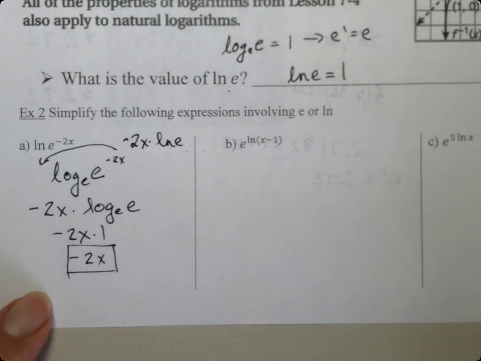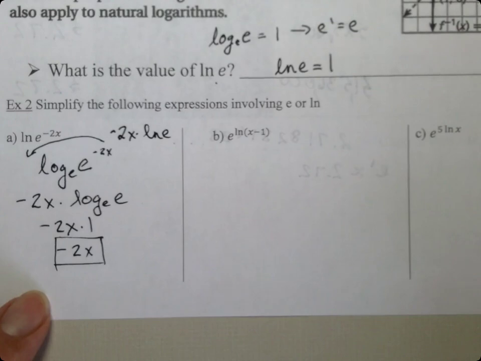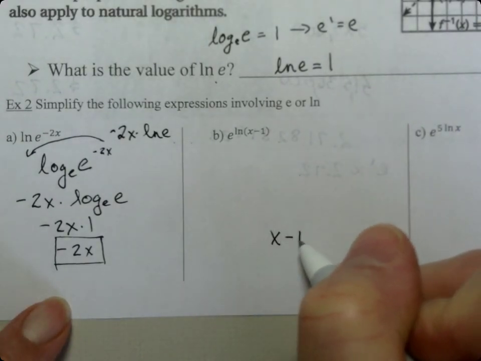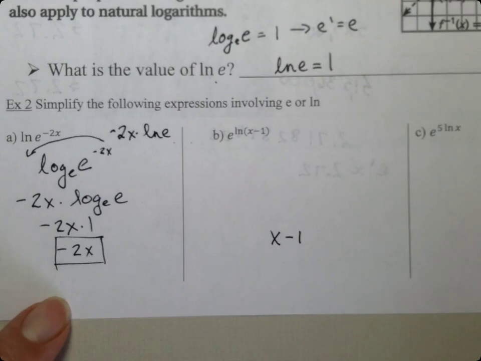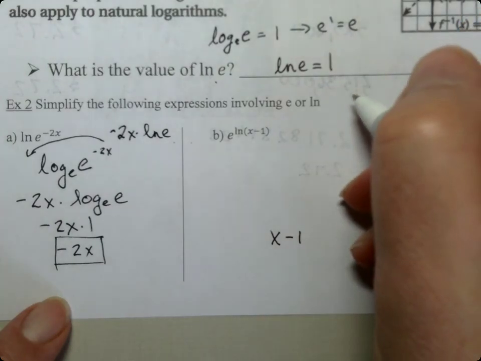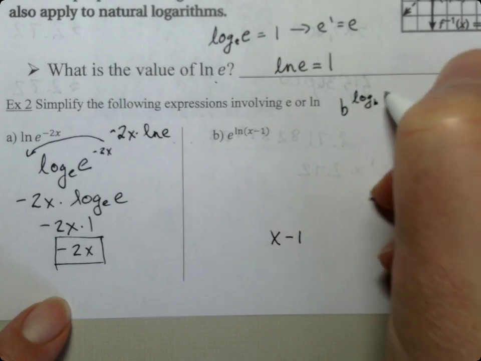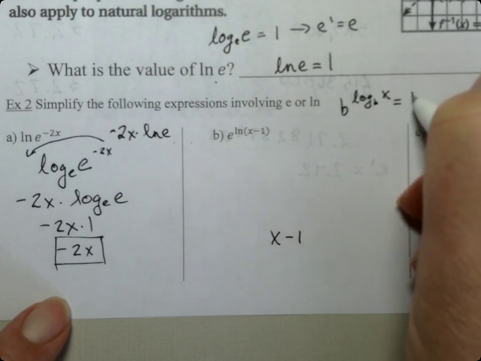All right, so think about this one. What do you think about problem B here? Answers? It's mental math using properties. The answer is x minus 1. I have no work I need to do. Why? Do you remember this rule? b to the log base b of x equals what? x.